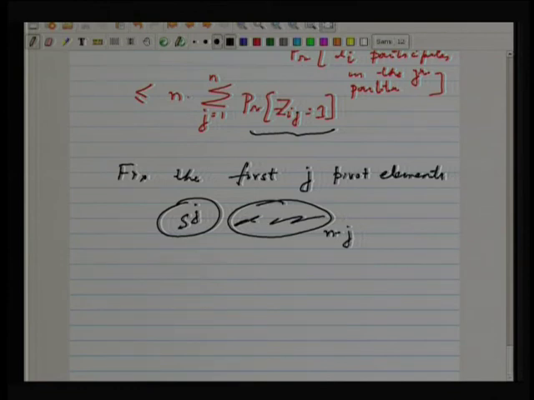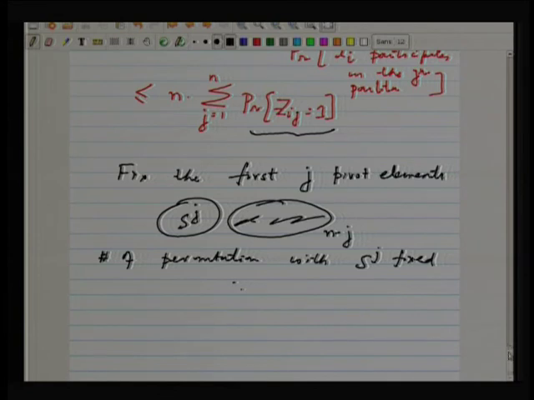The number of permutations with S_j fixed is basically the number of ways that you can permute the j elements here times the number of ways that you can permute the n minus j elements here. So, we have not lost anything, but we are only fixing the choice of the first j elements.